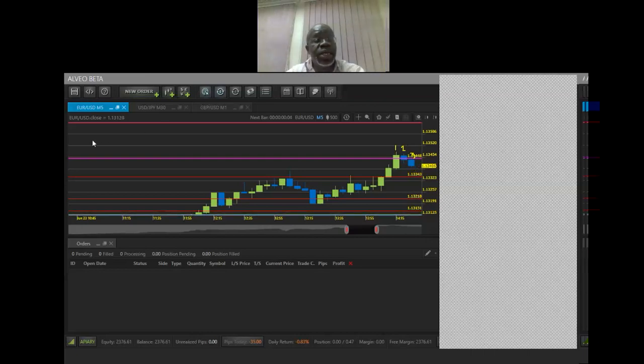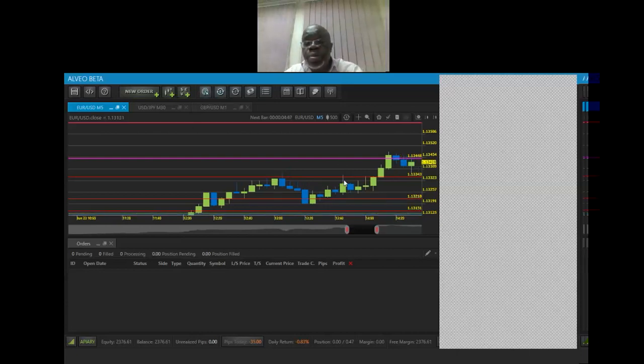Now let's see what happens in the next one. As long as these candles do not close below this one, we cannot say that this is a true reversal. So we wait for the next one, and there's the next one. But what has happened?